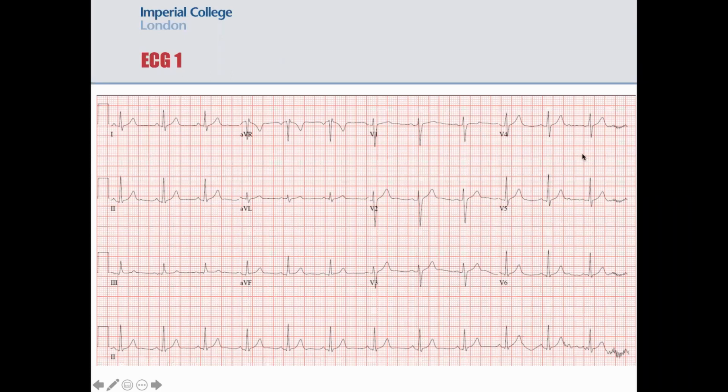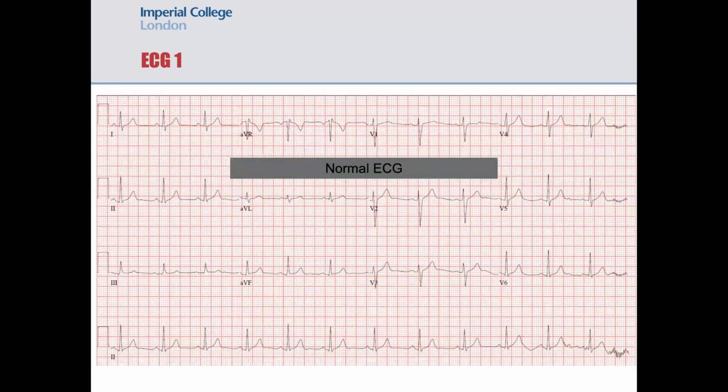Okay, I've only got one answer so far. Would anyone else like to write something? Okay, cool. Yeah, that's right. So this is a normal ECG. In medicine, you always need to know what the normal is, so it's always good to be able to recognize a normal ECG.